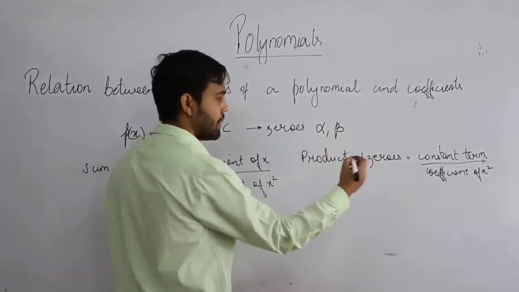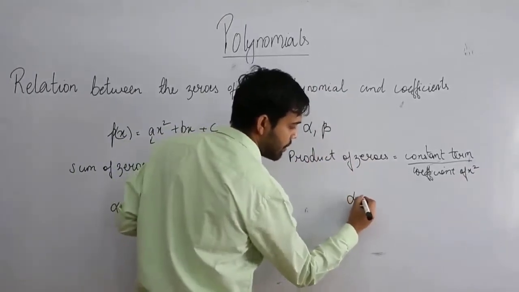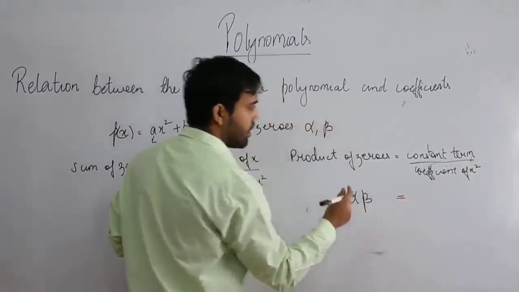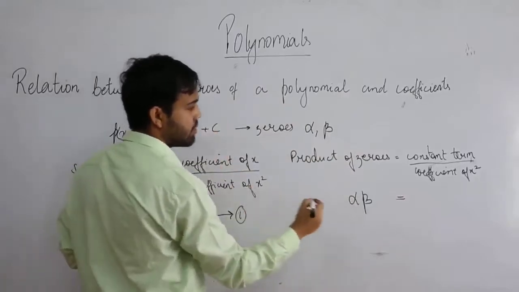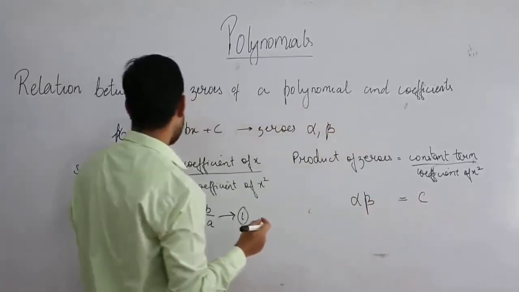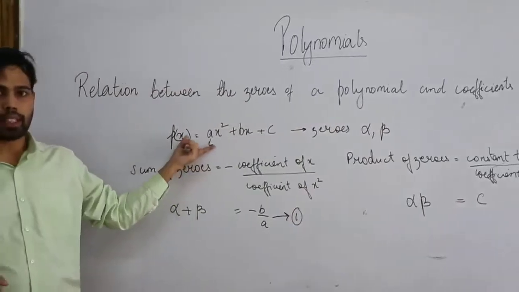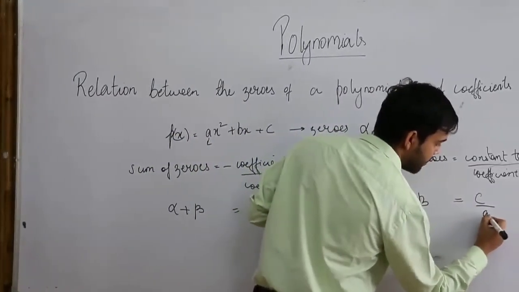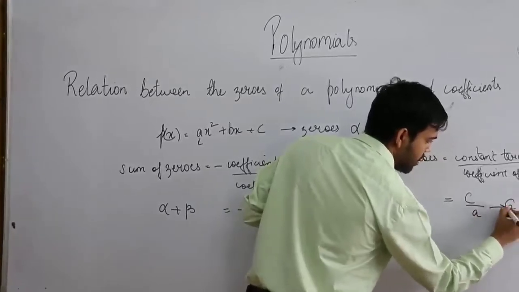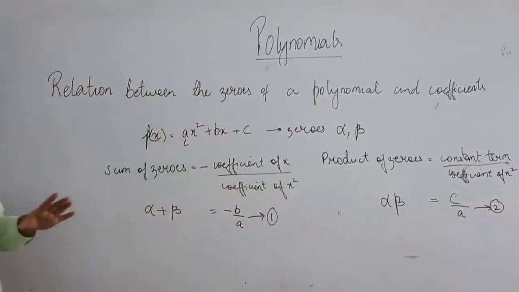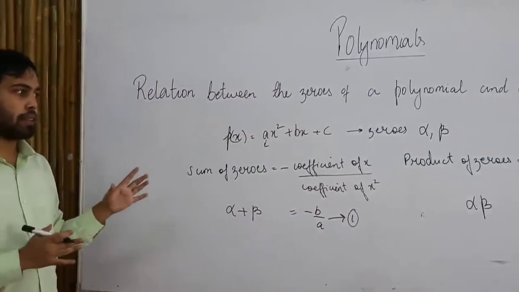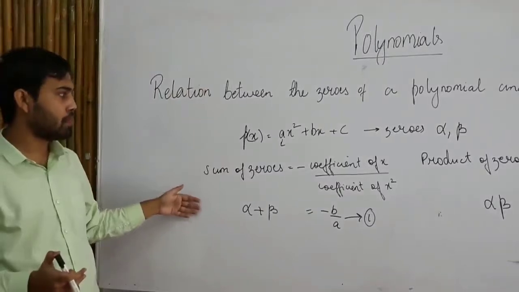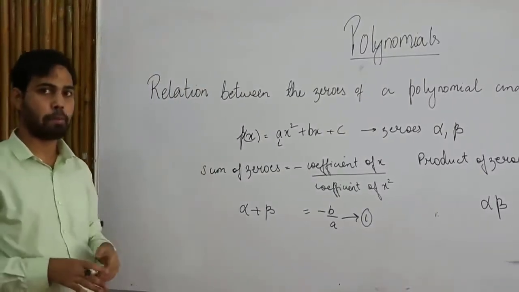My zeros are alpha and beta, so the product of the zeros will be alpha times beta. This will be the constant term, which is c, by the coefficient of x squared, which is a. So I have c by a. These two relations I need to keep in mind to solve certain problems. In the next video we'll solve problems using these relations.